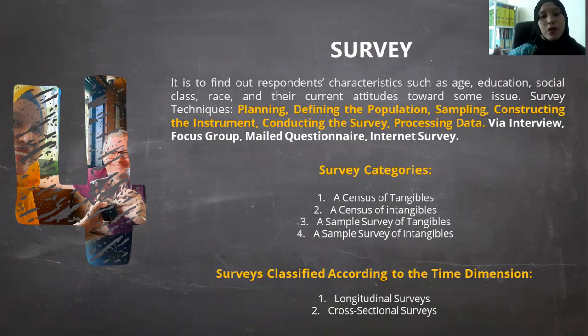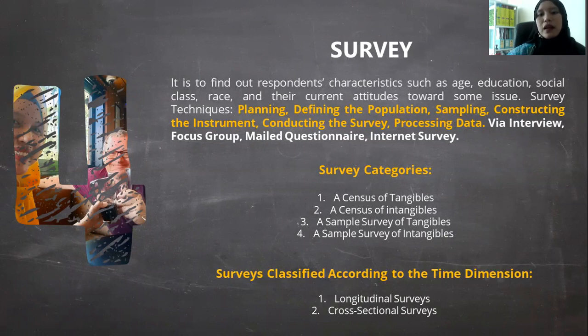Okay, after you plan and know who your participants are, now you have to define who this population is. Who is your population? Are they children or kindergarten students? Are they senior high school students?